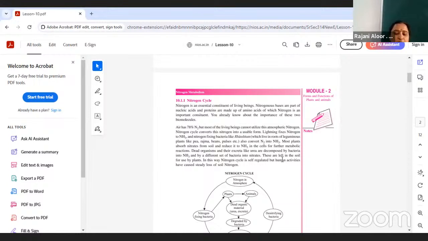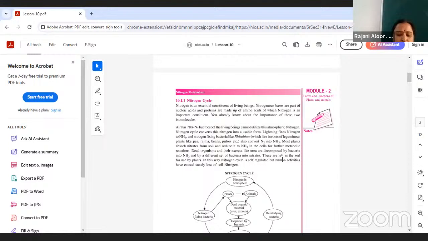Next one, ammonia nitrogen. Ammonia nitrogen in the soil is also found in the reduced form, ammonium, NH4. NH4 is absorbed by the roots of higher plants and participates directly in metabolism.